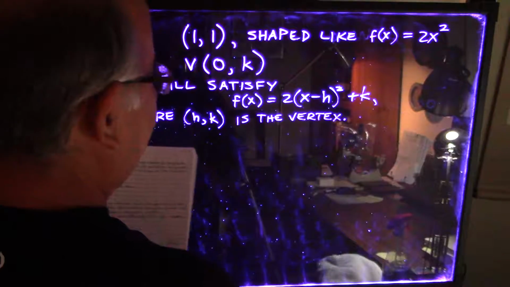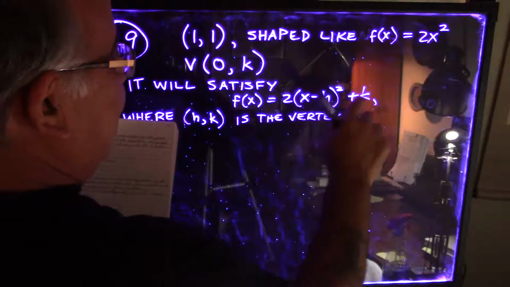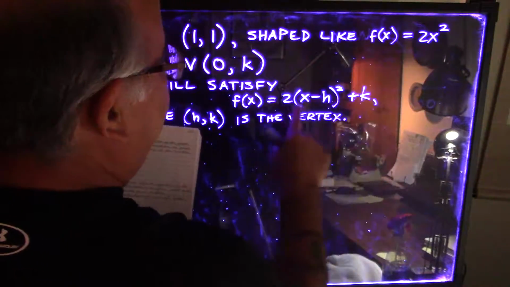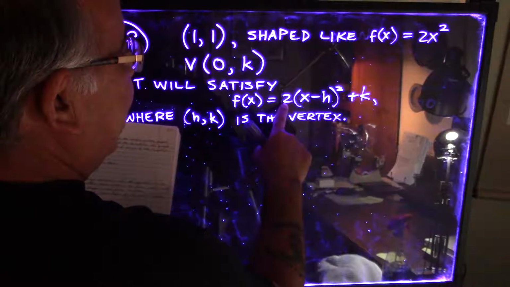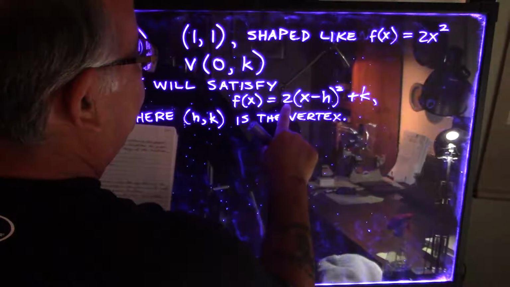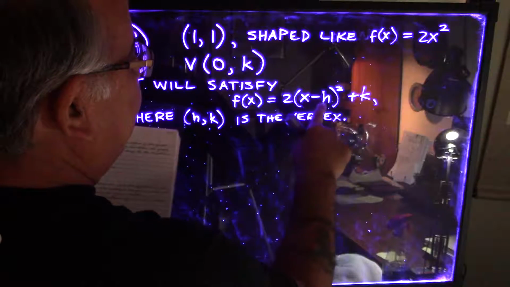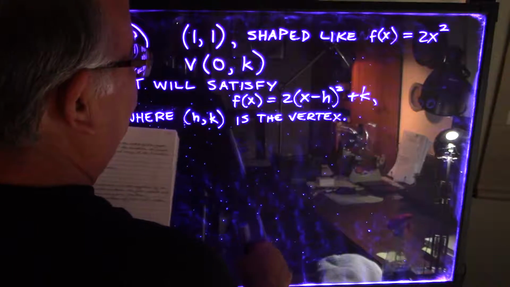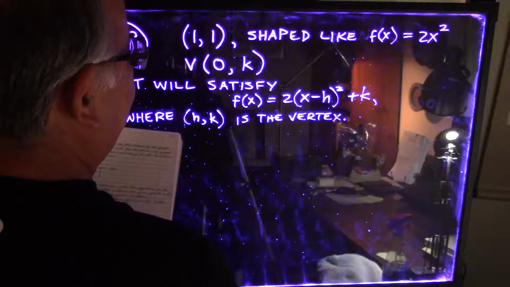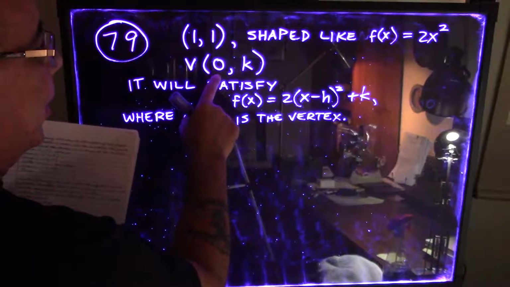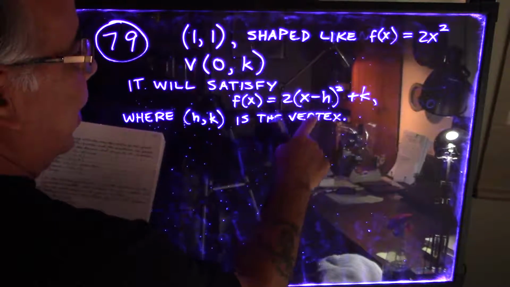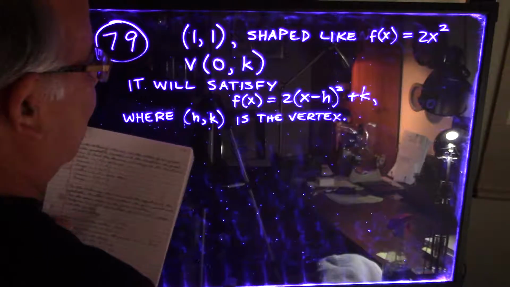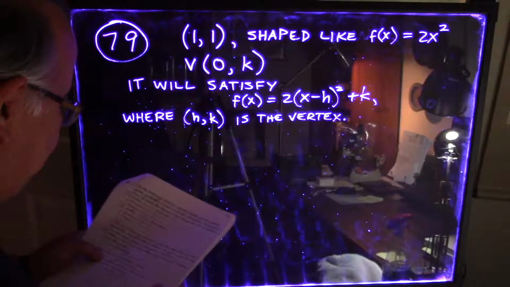So I'm just using that. The 2 is the a in the standard form, the a constant, right? And writing it out in standard form. (h, k) is the vertex. Well, we already know what h has to be. It's 0. But I'm just stating this in general right now. We'll plug that in later, okay?